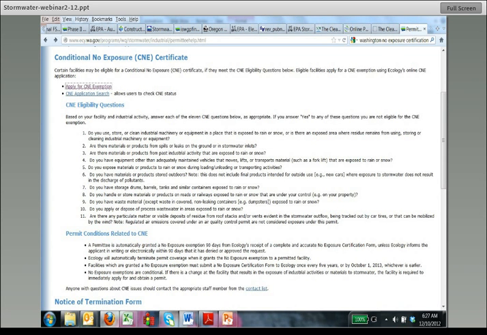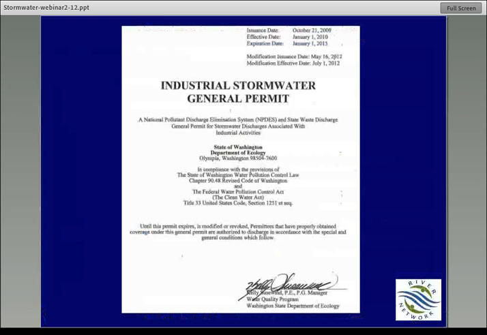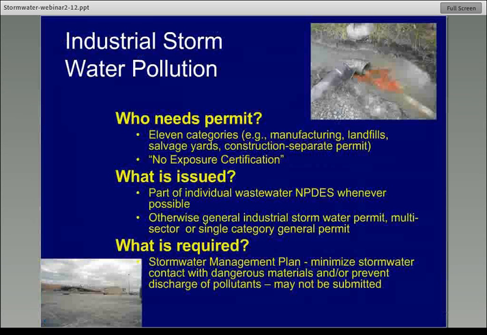And it also has some conditions about how it is a conditional exemption, and that if there's a change of facility, they have to apply again, and it needs to be either apply for a permit or apply again for a different exposure certificate, a non-exposure certificate. So that is something that's important about the industrial program, is the no exposure certification.